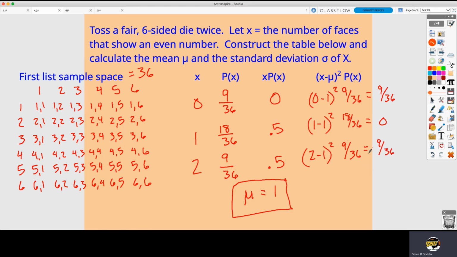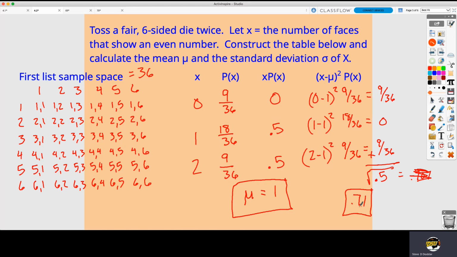And then remember, to find the standard deviation, we have to add those together. So we get a 0.5, and then we take the square root, which is 0.707. Or technically, since we're going 1 decimal place past, 0.71.